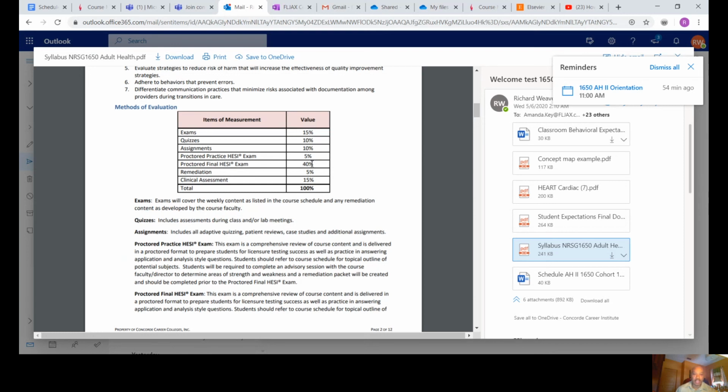You see where it says the final HESI is worth 40%. That's pretty high. So you have to make sure that you're well prepared for that. And also with remediation, you have to get a minimum of 78%. For your final remediation, I typically give a pharmacology, a med-surg pharmacology exam, EAQ exam.